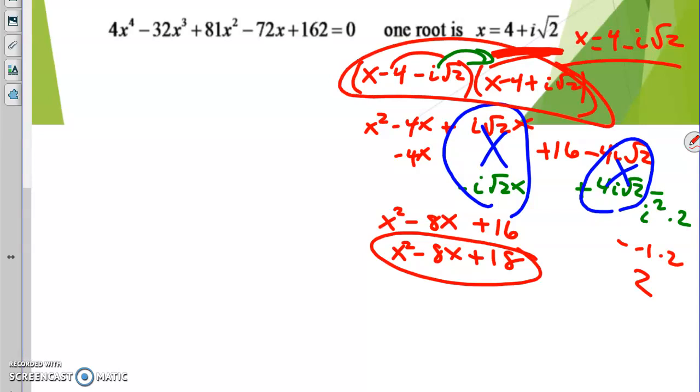So if I want to determine if this is a factor of that, I'm going to have to use my long division.